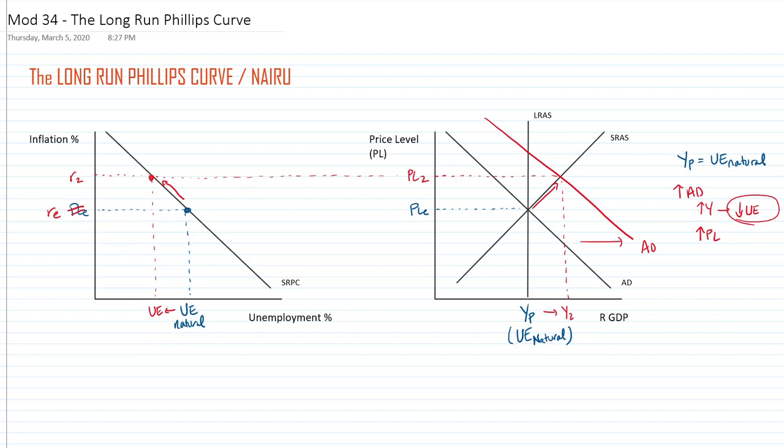So that's all well and good in terms of the short run. But we also know that this point on our output graph on our ADAS is now not in a long run equilibrium.